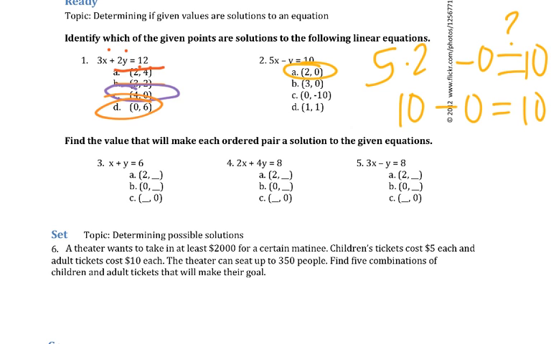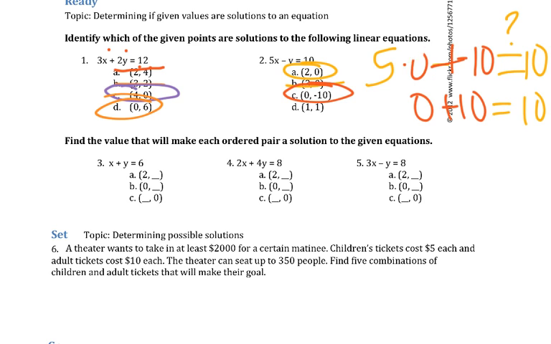Now let's try B. So 5 times 3 minus 0, that would be 15 minus 0. That one's not going to work, is it? Okay, then we do 5 times 0 minus a negative 10. Minus negative is like plus, so we'd have 0 plus 10, which is going to be 10. So C would also work.